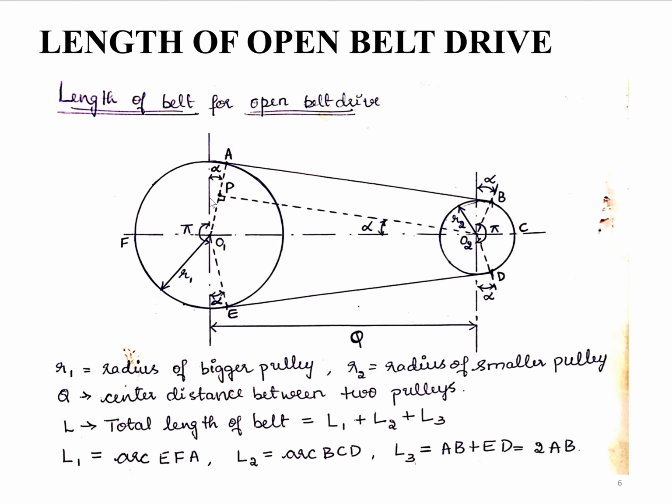Here it is 90 degrees at point P. What will be this distance? As we know, this distance is R2 and this distance is R1. So what will be the distance from O1 to P? This will become R1 minus R2, because this is R2 and here it is also R2.